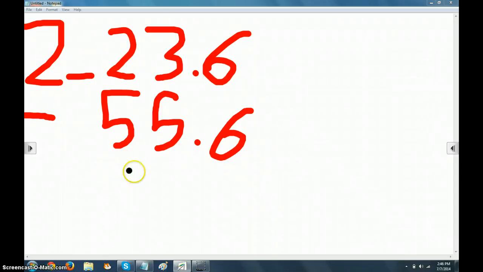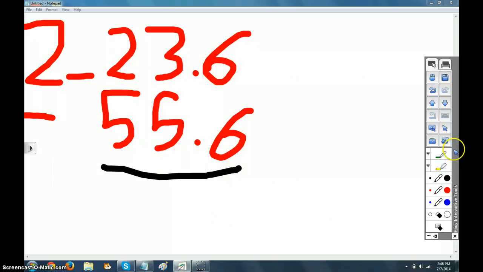Come with me and I'll show you how we're going to subtract these numbers. 6 minus 6 is going to be 0. Just wait. And then we make the decimal point.